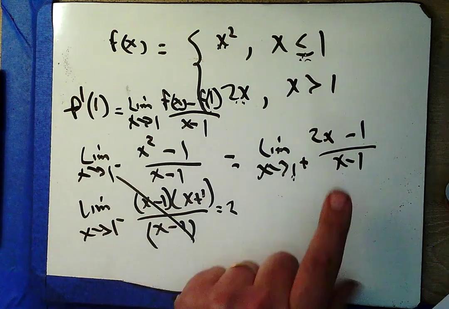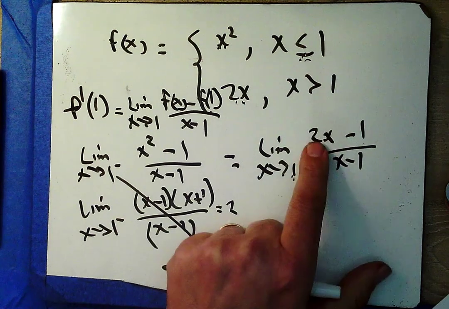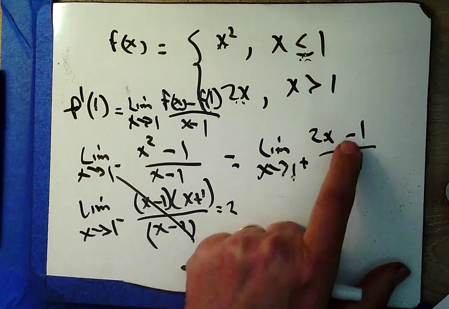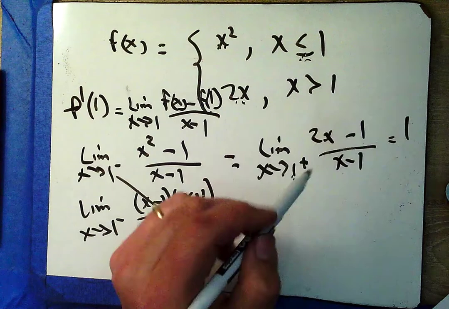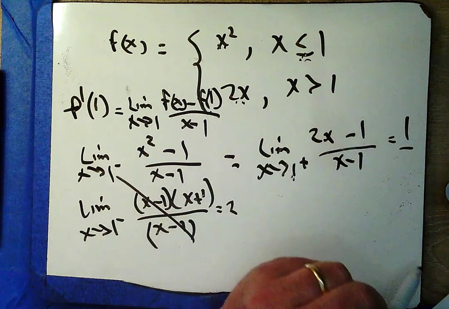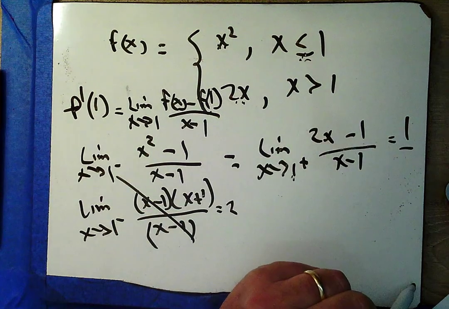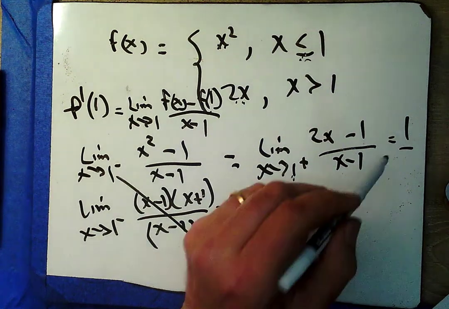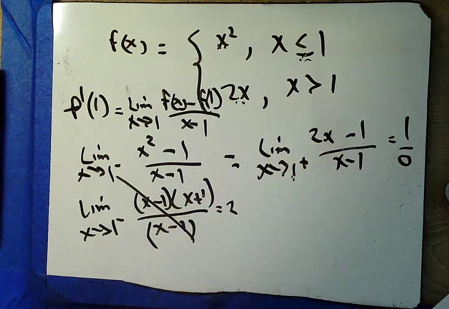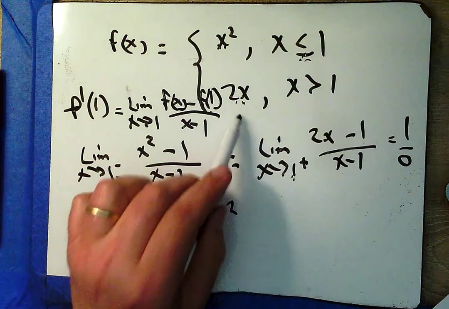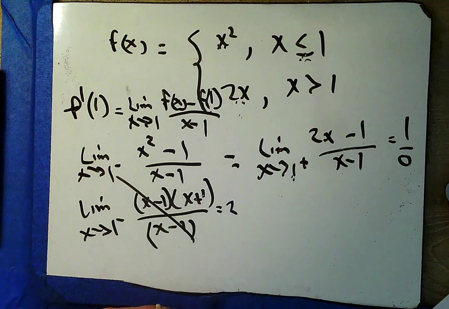But what happens over here? If I plug in my 1, I have 2 minus 1 equals 1, and uh-oh, what, no, that's 0. That's undefined. Well, that's really unfortunate. I thought I knew that the slope over here was 2. What am I missing?